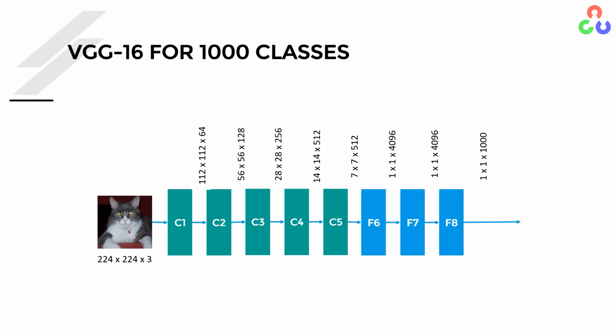VGG16 has, as the name suggests, 16 layers, and out of those 13 are convolutional layers and 3 are fully connected layers. We are showing only 5 because these are groups. There are 2 convolutional layers in C1, for example. So just to simplify things, I'm representing them as 5 groups instead of showing all the 13 layers.